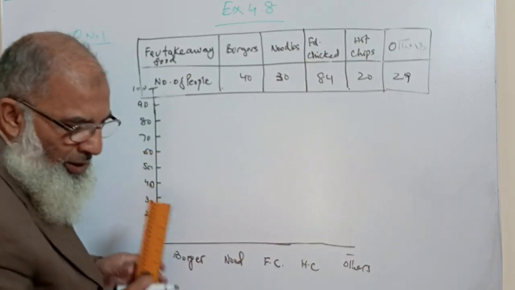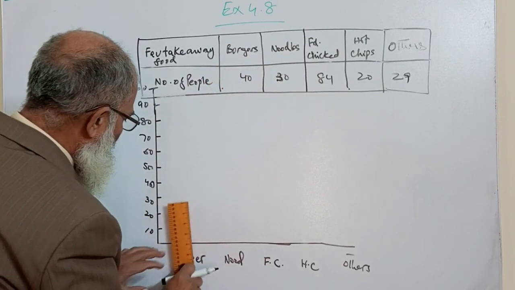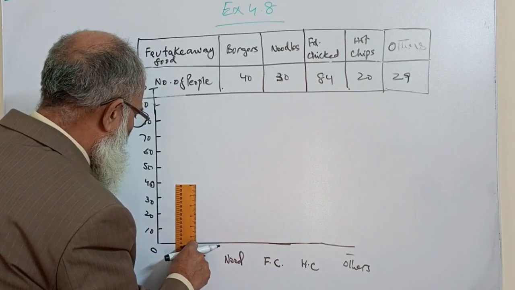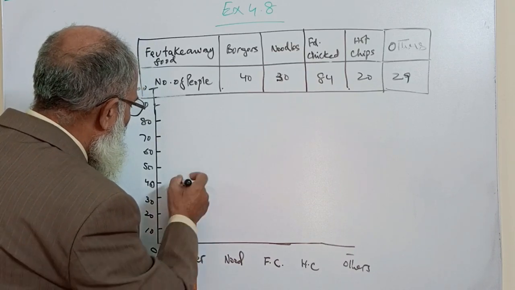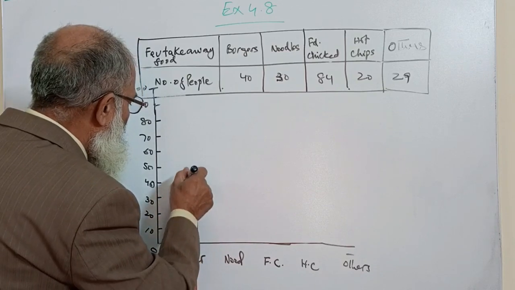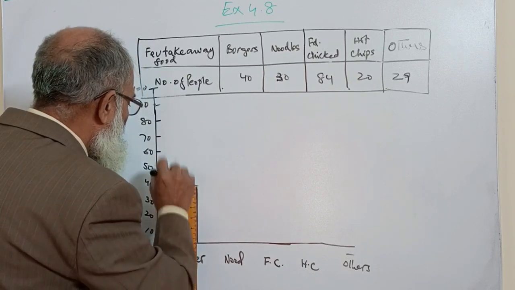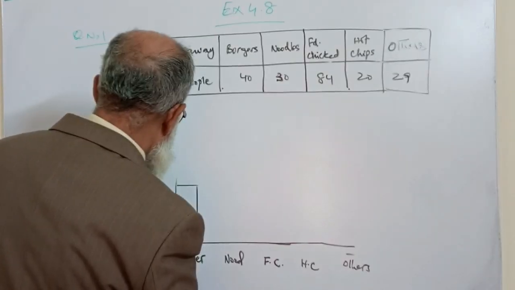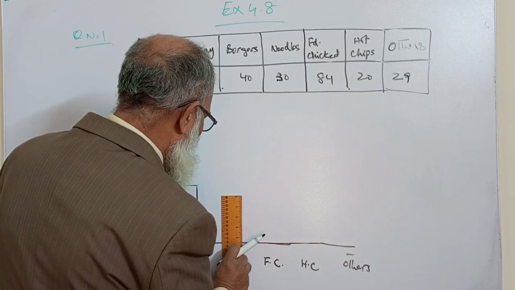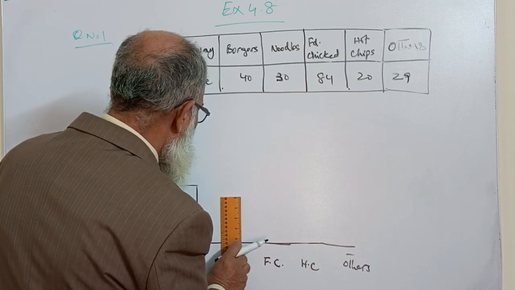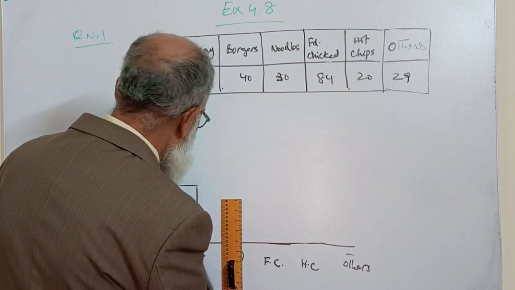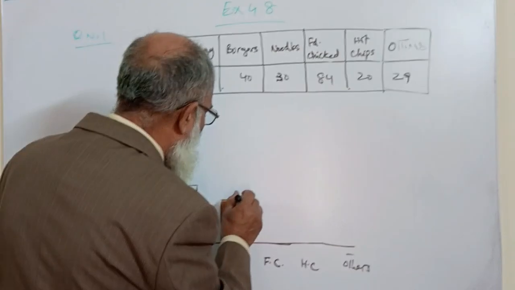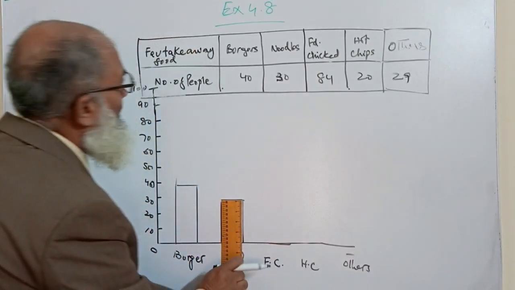Okay, now how many are the burgers? 40. 40 people have bought burgers. So it is very easy to draw. Noodles are 30. It will come over here. Fried chicken 84.